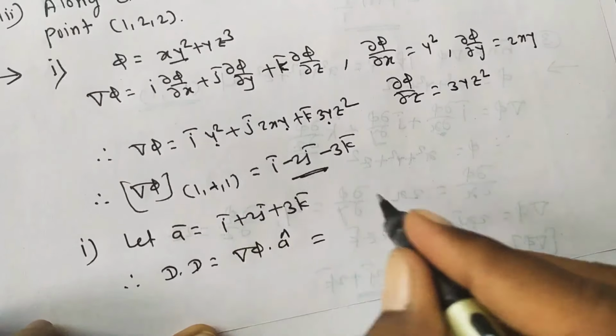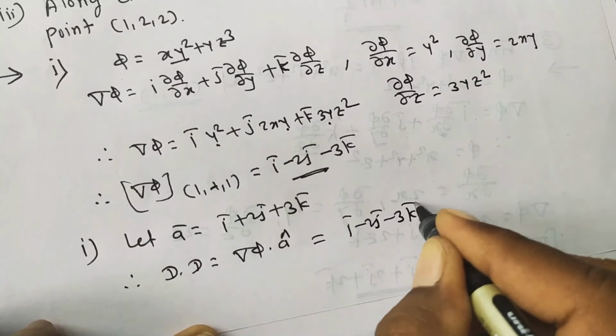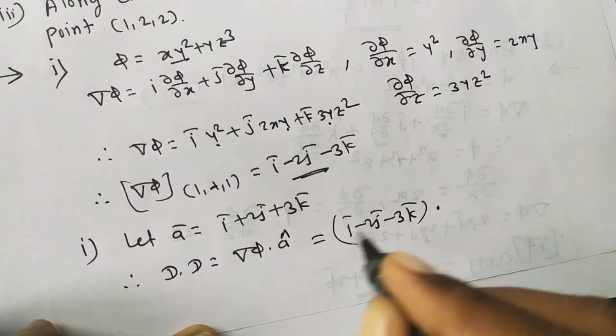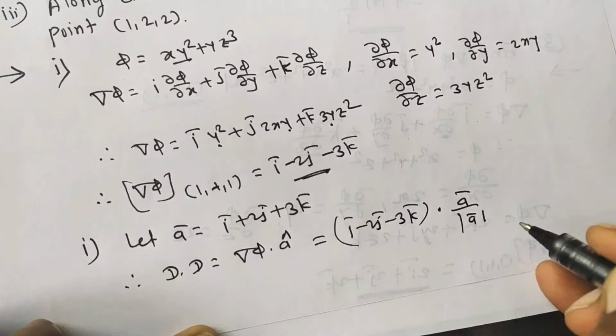And what is del phi? Del phi is i bar minus 2j bar minus 3k bar dot a cap. A cap is a bar upon the magnitude of a bar.